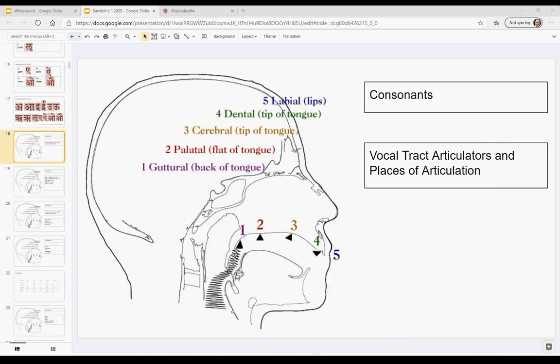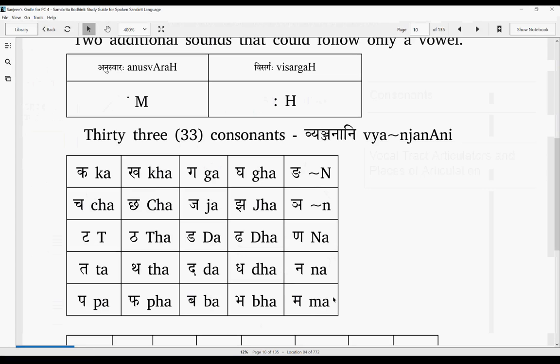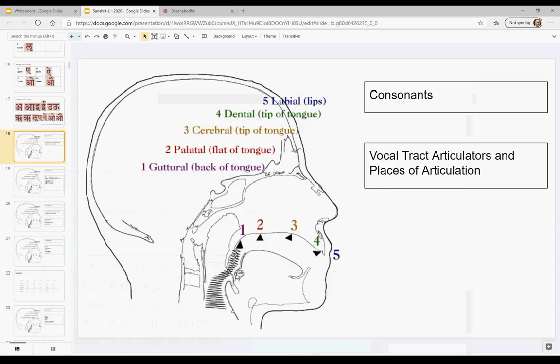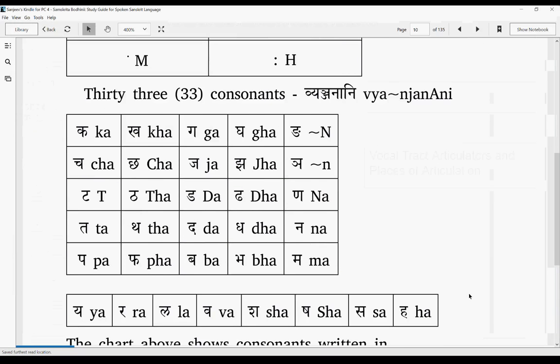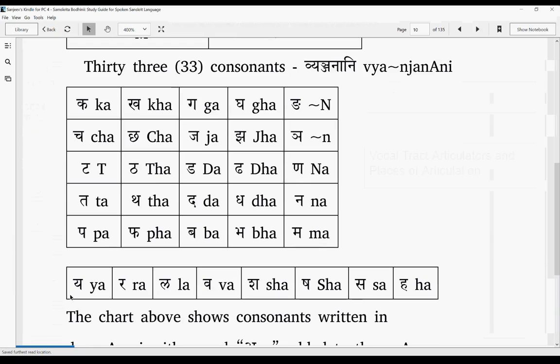And the last line of letters, which is pa, pha, ba, bha, ma, is labial. This is produced by bringing the two lips together here. Number 5. So these are labials, produced with the help of the lips. And in the last line, ya, ra, la, va, sha, they have their different positions.